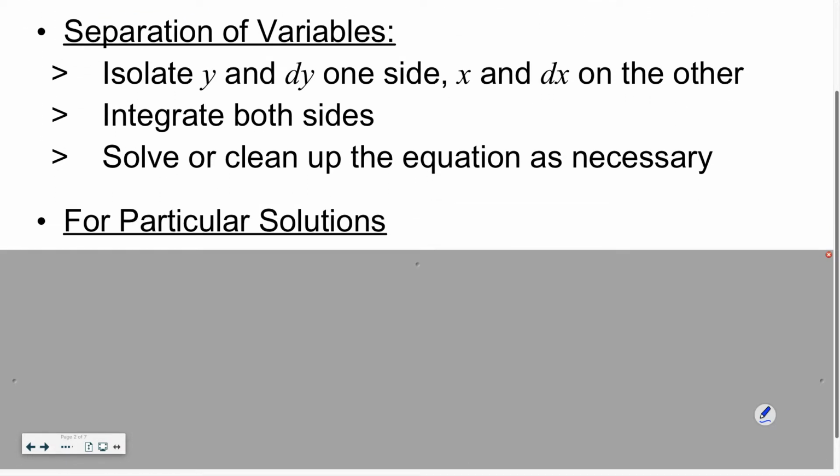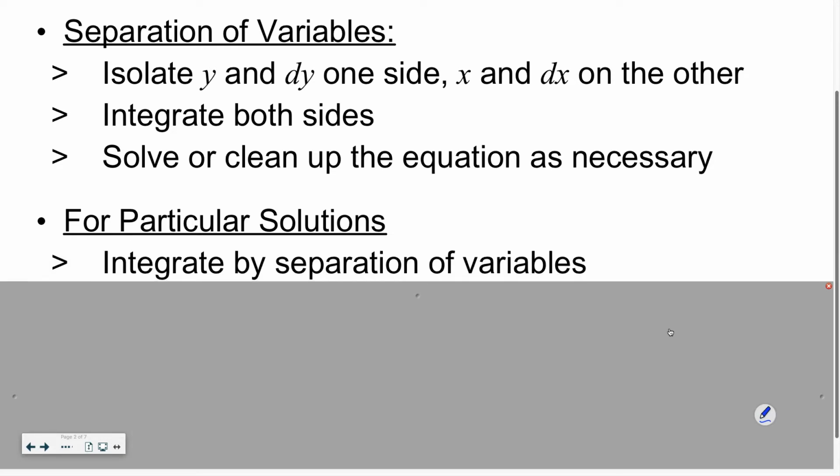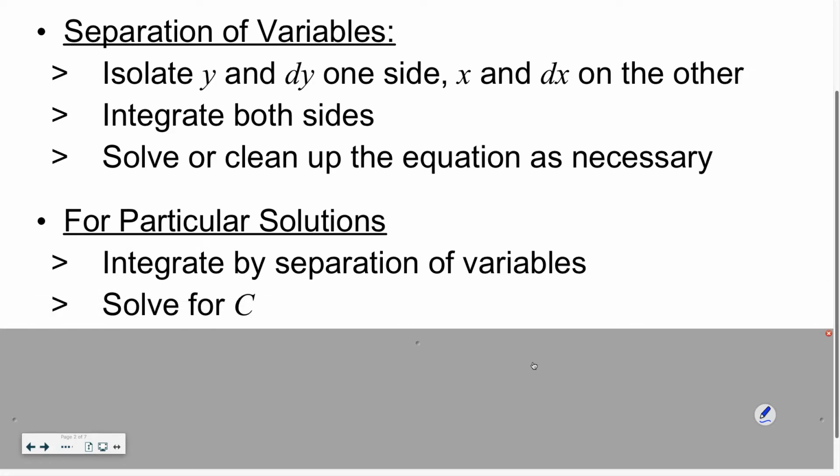However, sometimes I will ask you for a particular solution. And when I ask you for a particular solution, that means you know something about the function. Specifically, you know a coordinate. Okay, so if I ask you for a particular solution, then you're going to integrate by the separation of variables, and then actually plug in that coordinate so you can solve for what the c value is.